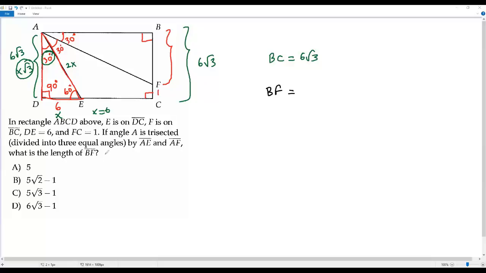That's the target of the question, BF. So if I want to get the length of BF, I have to subtract this FC from the total length BC. So BC minus FC. What is the length of BC? That is 6 times square root of 3. The length of FC is given in the question itself, that is 1. So the length of BF is 6 square root of 3 minus 1. So the correct answer choice for this question is option D.